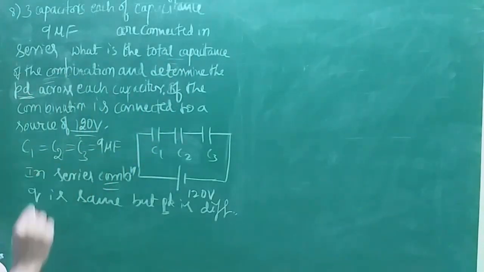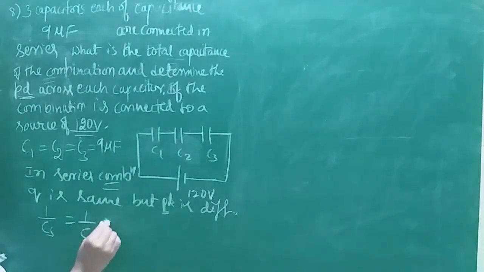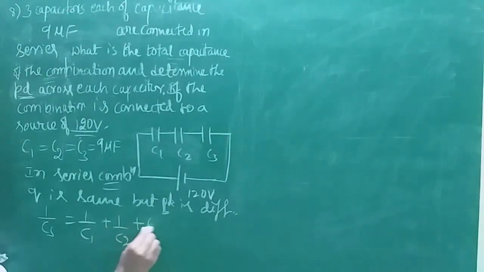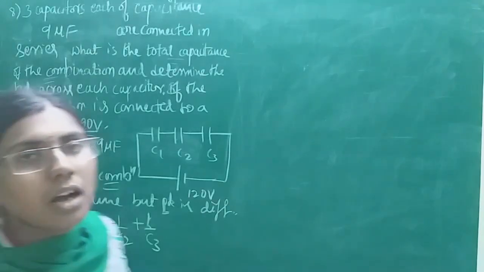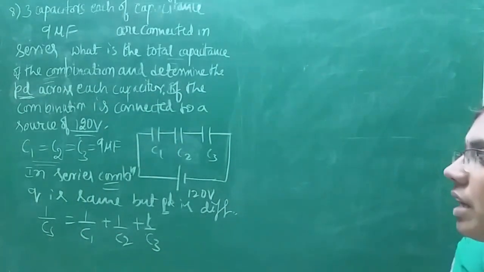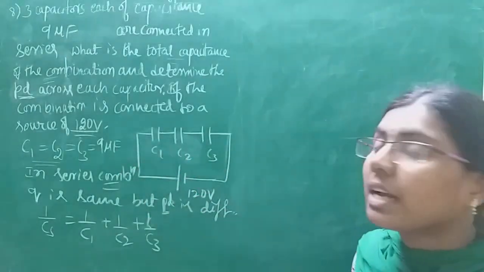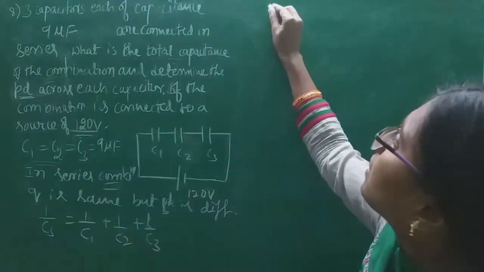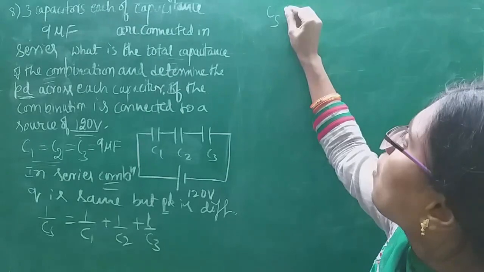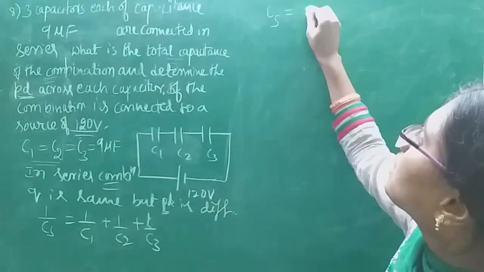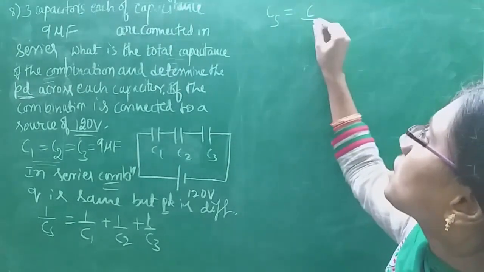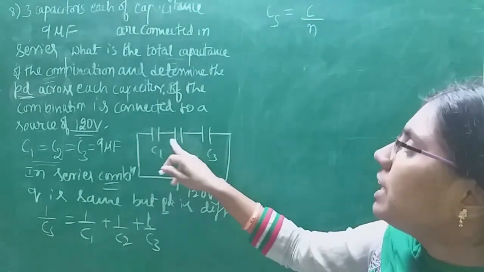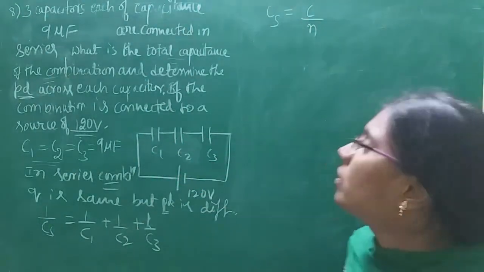Since all the 3 capacitors have the same capacitance, actually the formula is 1 by Cs is equal to 1 by C1 plus 1 by C2 plus 1 by C3. But here C1, C2, C3 are equal. I have told you if identical capacitors are connected in series, then the effective capacitance of the combination can be written as the capacitance of the individual capacitor divided by the number of identical capacitors connected together.